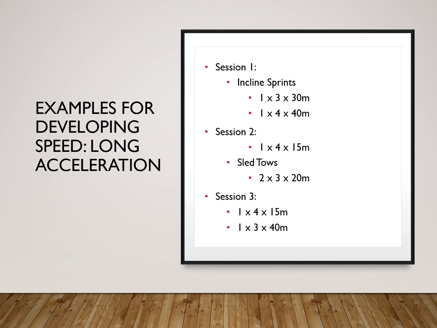So getting the individual used to developing higher amounts of force that they have to overcome in order to run that distance. And then finally, again, just making use of a range of distances, so still maintaining that early acceleration work, but then also starting to continue to develop the longer acceleration capacity.